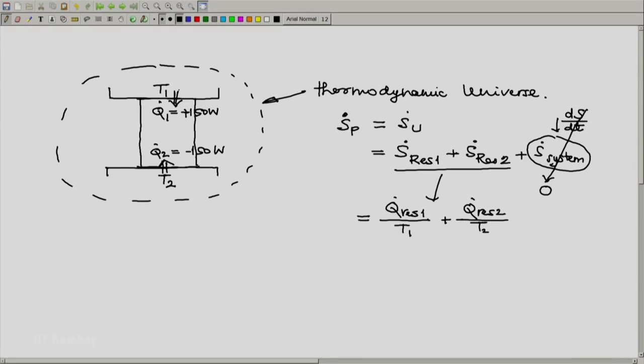So, what is absorbed by the reservoir is minus Q dot 1. So, this would be minus Q dot 1 divided by T1, and again here you will have minus Q dot 2 by T2.